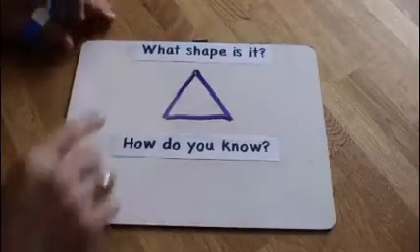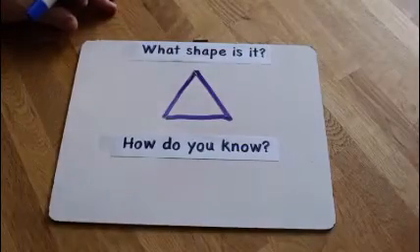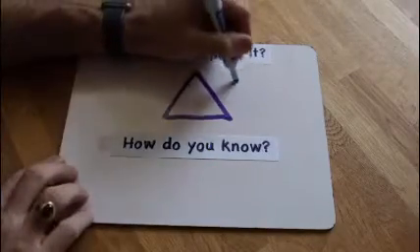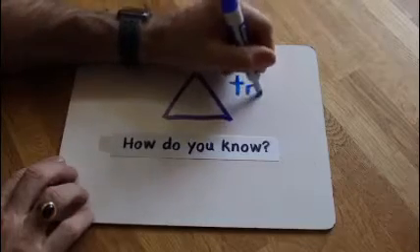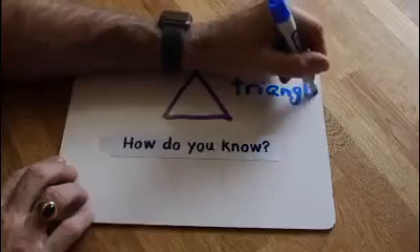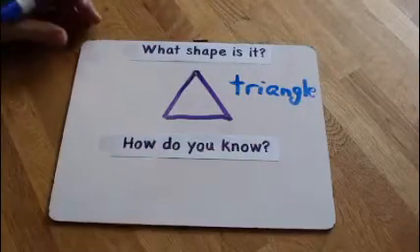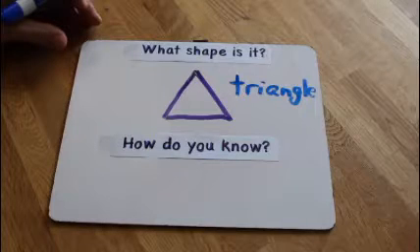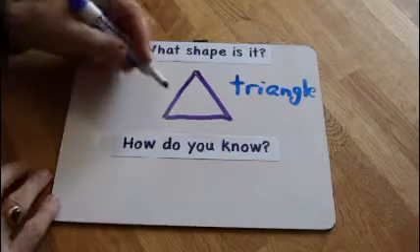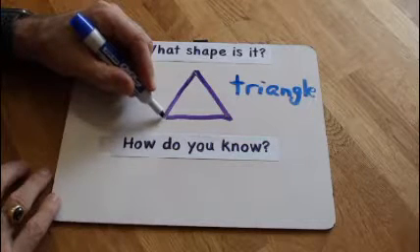Next question. What shape is it? It's a triangle. Triangle. How do you know? Well, let's remember our big words. We've got corners here, but we don't call them corners, we call them vertices.